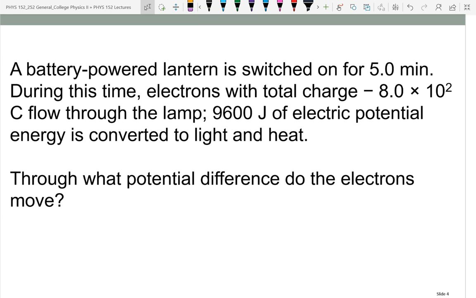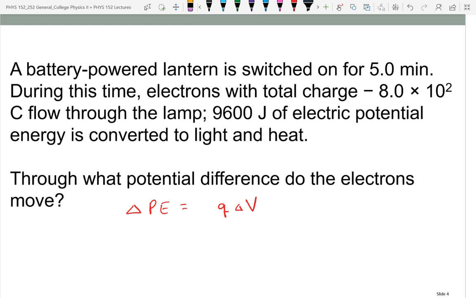Well, based on the work I did before, we saw that the change in potential energy, that's the definition, is Q delta V, the charge multiplied by the change in voltage.